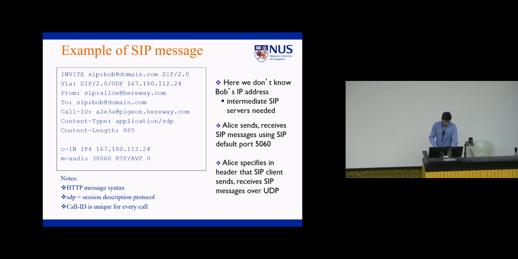So in this example of the SIP message, Alice knows Bob's SIP address, which is bob@domain.com, but not Bob's IP address. This is an email-like address, and it can in fact be an email address. But it can also be Bob's phone number, depending on the application.